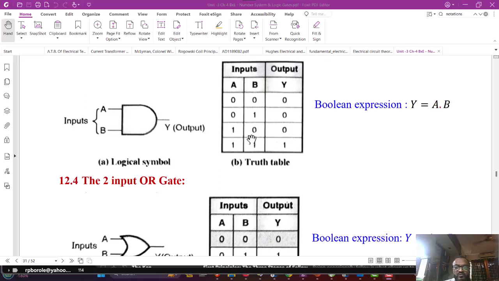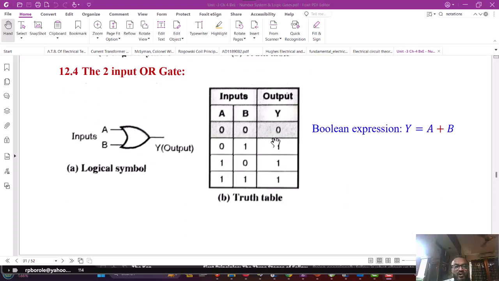When A is equal to 1, B is equal to 0, then output is again 0. When A is equal to 1 and B is equal to 1, the output will be 1. In short, we can say the output of this gate is 1 when both the inputs are logic 1, and it remains 0 when any of the inputs goes low.